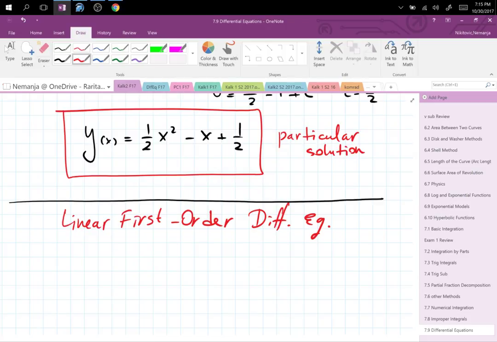Any differential equation that has the form y prime of, let's say, t or x, whatever, t, is equal to ky plus b. That's the linear first order differential equation, where k and b are numbers.